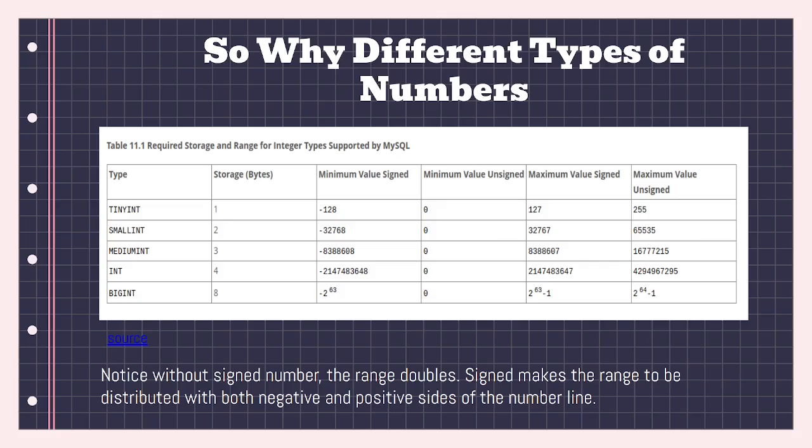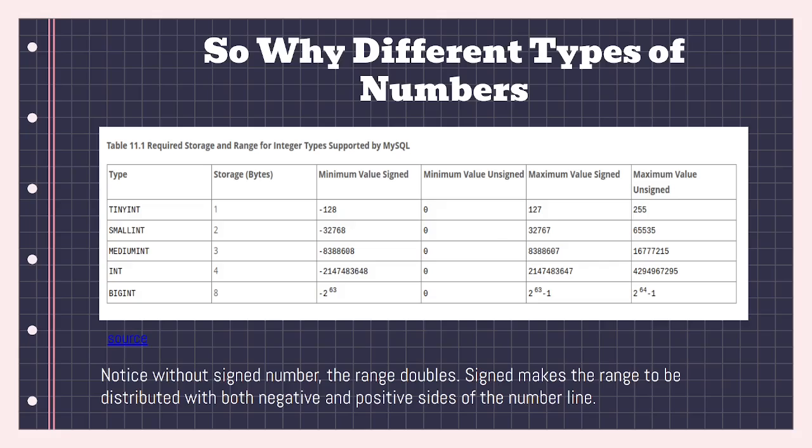Now let's look at the different types of integers. The reason we have different types is because of their size and how much capacity they can store. For example, take tinyint. A tinyint takes only 1 byte of your storage in memory, and it can store a minimum value of negative 128 for signed values.